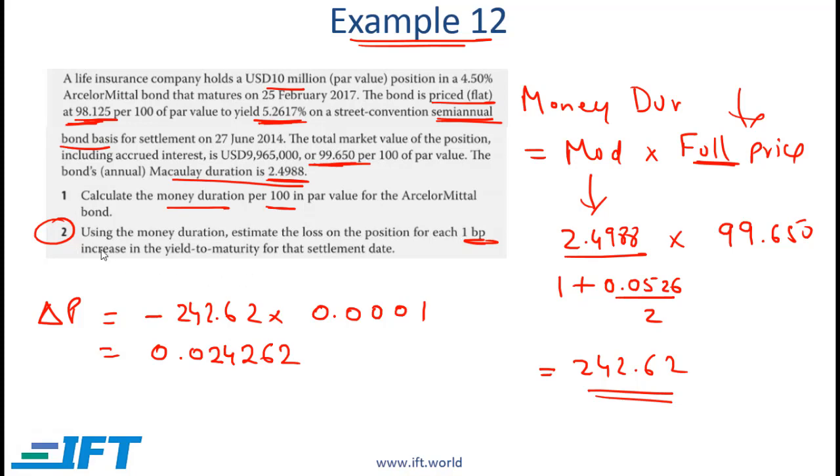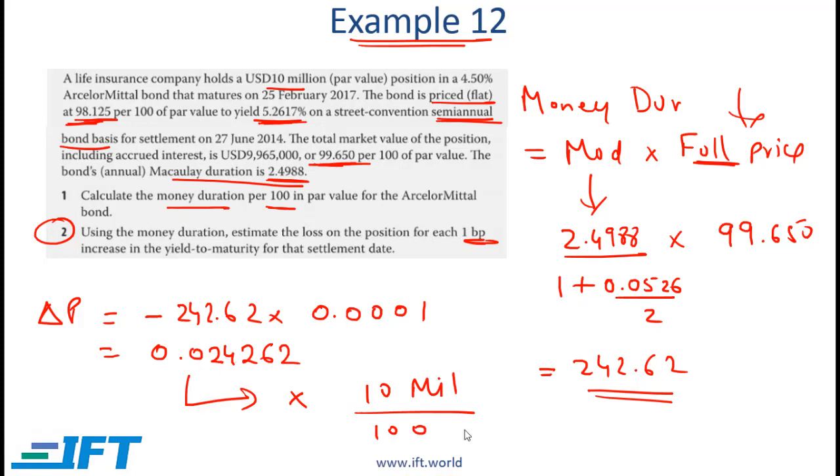We have to come up with the loss for the entire position. This is the loss for $100 par value. So we take this number and multiply it by the total par value of 10 million divided by 100, because this is based on $100 par value.